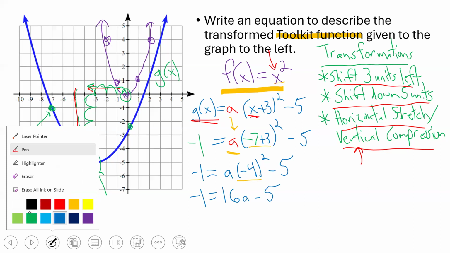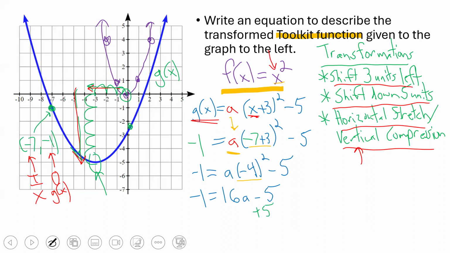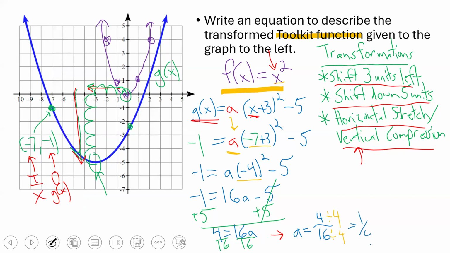So we will add 5 to both sides, and we end up with 4 equals 16a. Then we can divide by 16 on both sides, and we end up with a equals 4 over 16. However, we can simplify that fraction by dividing both the numerator and the denominator by 4, which gives us 1/4. So now we know the value of a is 1/4.